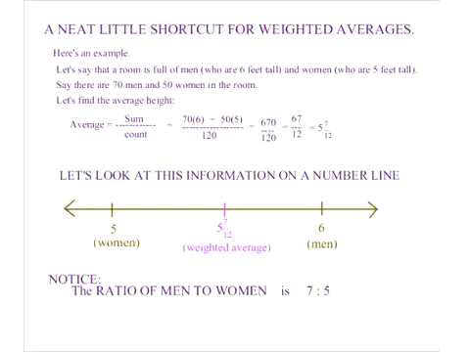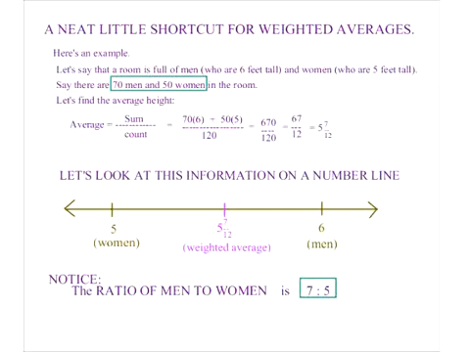There are 70 men and there are 50 women. So again, let's color code this just for easy reference. There are 70 men and 50 women. That is a ratio of 7 to 5. Now let's look at our number line.